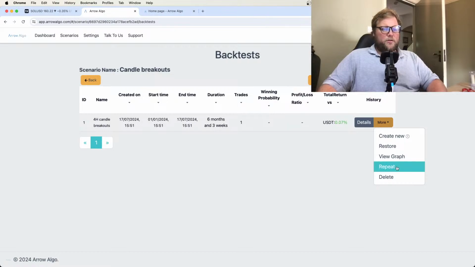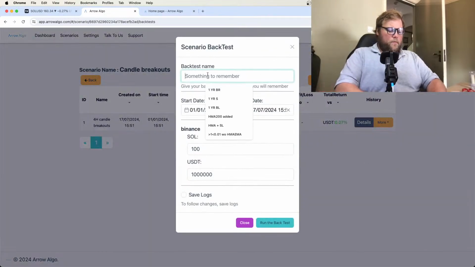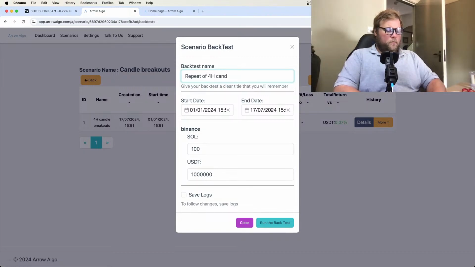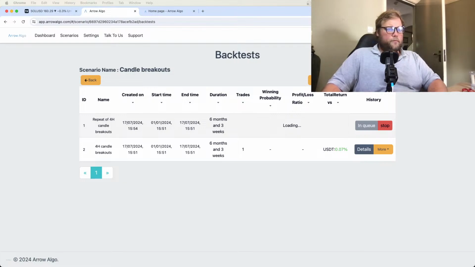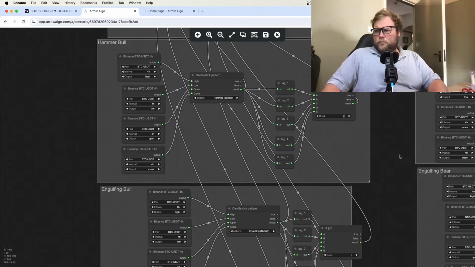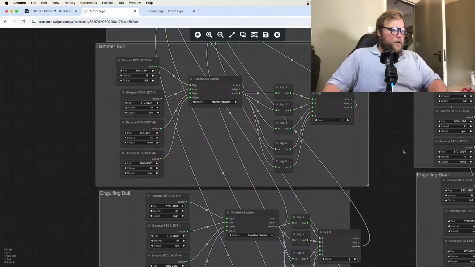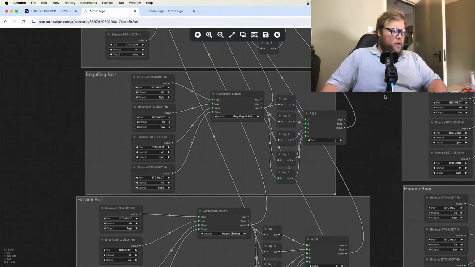If we want to repeat the same test, we can just click on repeat. And while that's running, we can double check that we've got all of our inputs and outputs right for each of these blocks. High, low, open, close.